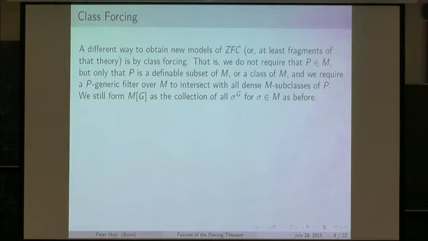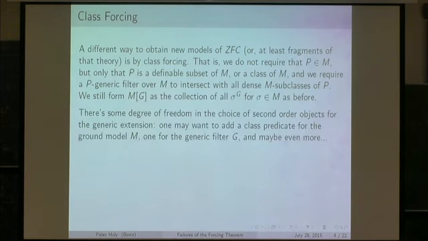And the generic extension is still formed in the same way, so we take all the names which are elements of M, and we look at the collection of the evaluations by the generic filter, and this is our generic extension. And so one could now think about which second-order objects the generic extensions should possess.